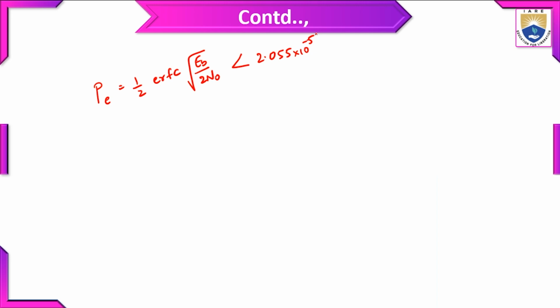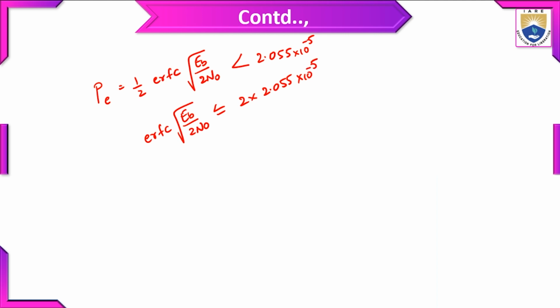Here we are going to find EB, which means energy per bit. So erfc of square root of EB by 2 N0 is less than or equal to 2 into 2.055 into 10 power minus 5.